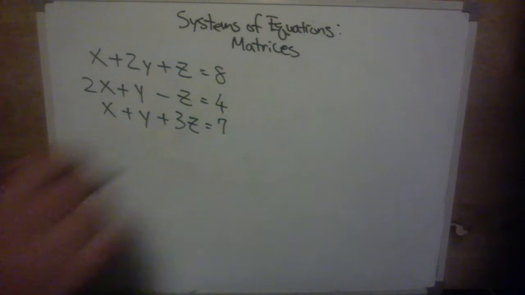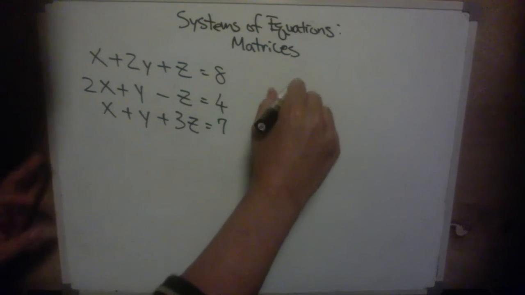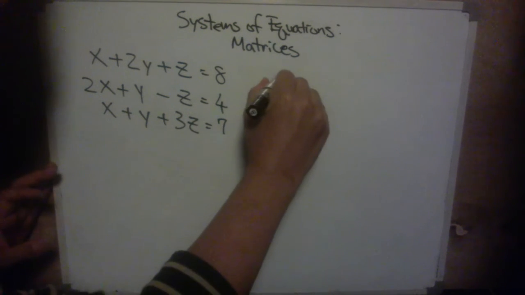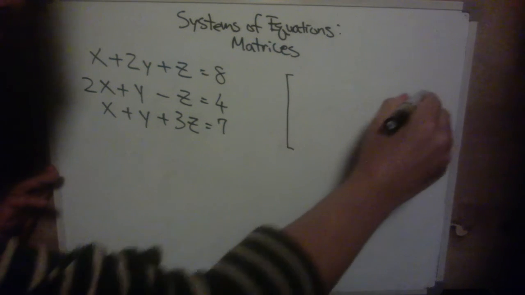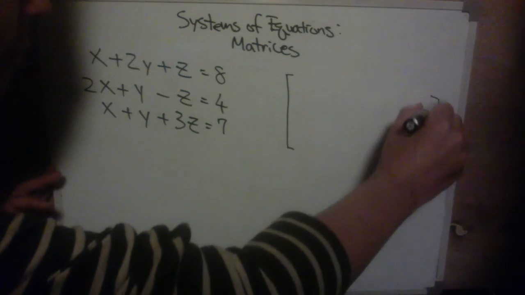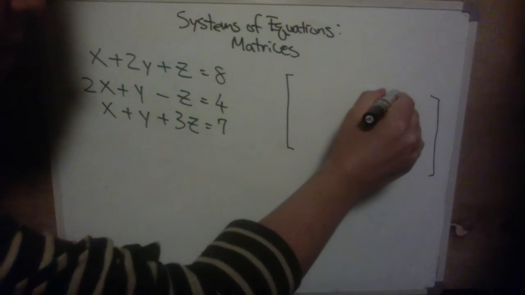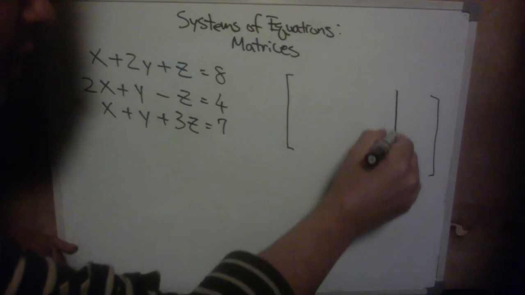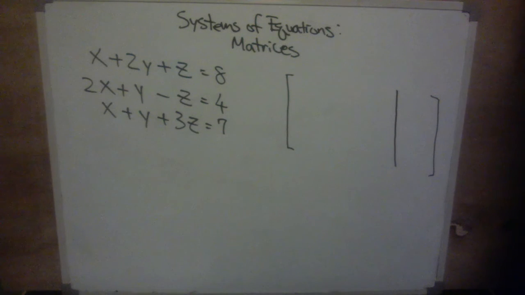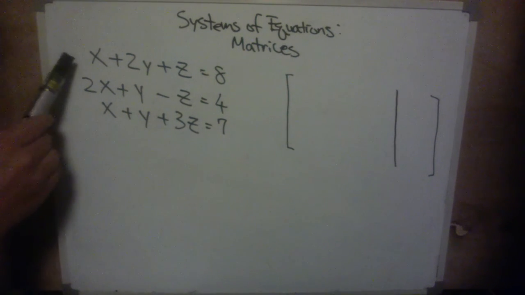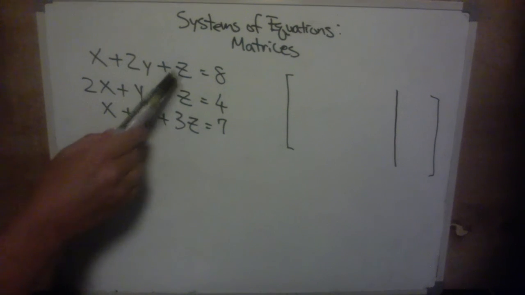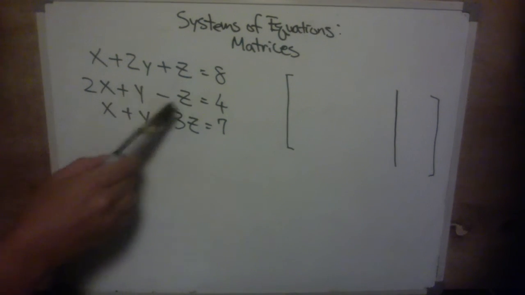I'm going to draw a matrix right here, like so, and I'm going to draw a straight line right here.